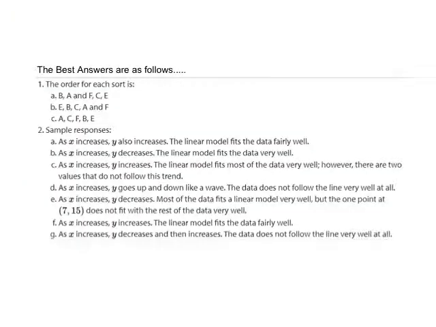Okay, so for the data sorts, the first question was best to worst for representing with a linear model. So this is how tight the data fit.